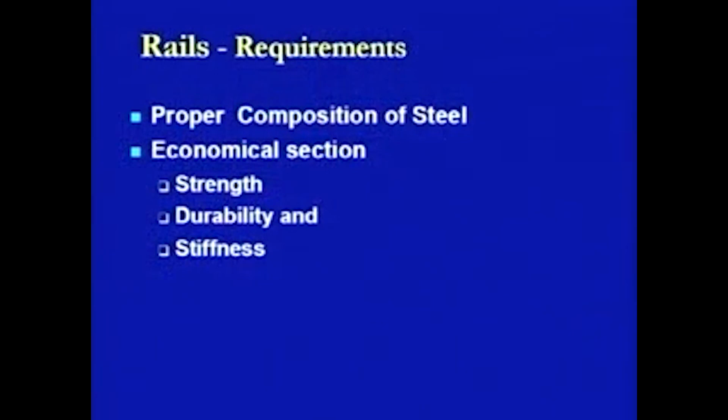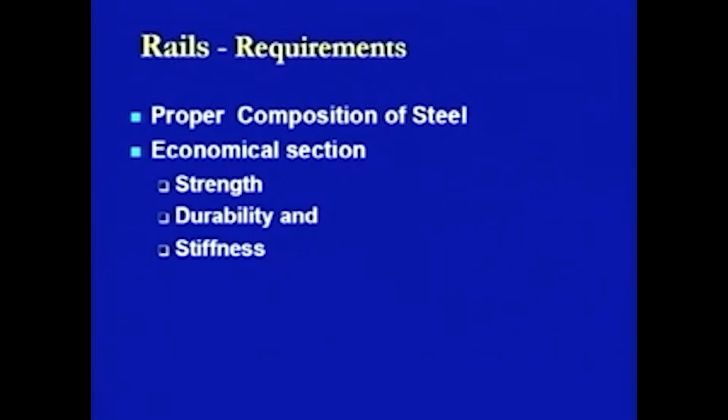Another thing is that the rail section should be economical in nature. When we say it should be economical in nature, we have to look at three components along with economy. It should not happen that we provide such a small rail section that it is not in a position to take up the loads coming from the top, or is not in a position to sustain or provide guidance to the wheel system.